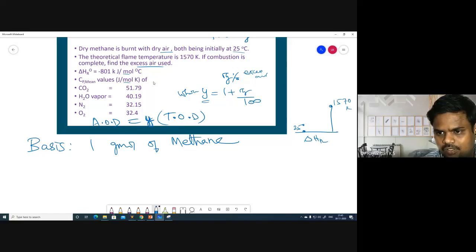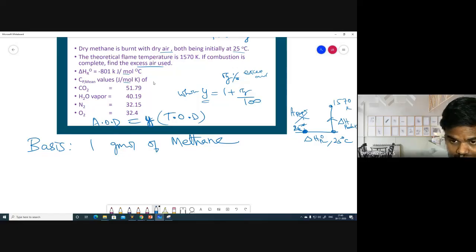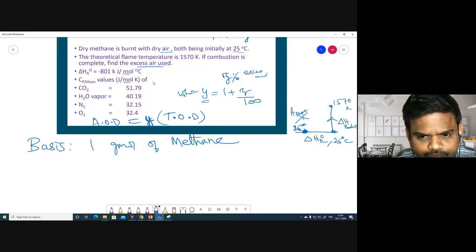Okay, so for the reactants, H of reactant is 0, because we are given that it is at 25 degrees Celsius. So delta HR is taking place at 25 degrees Celsius. So obviously we have to heat and find out the delta H of the products, or enthalpy of the product; enthalpy of the reactant is not required.